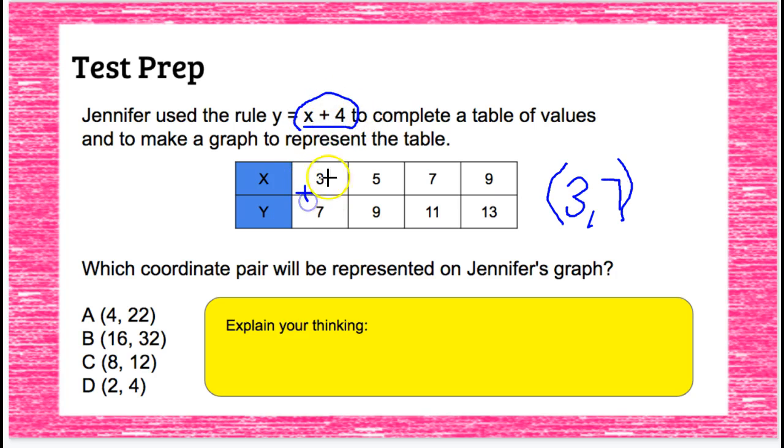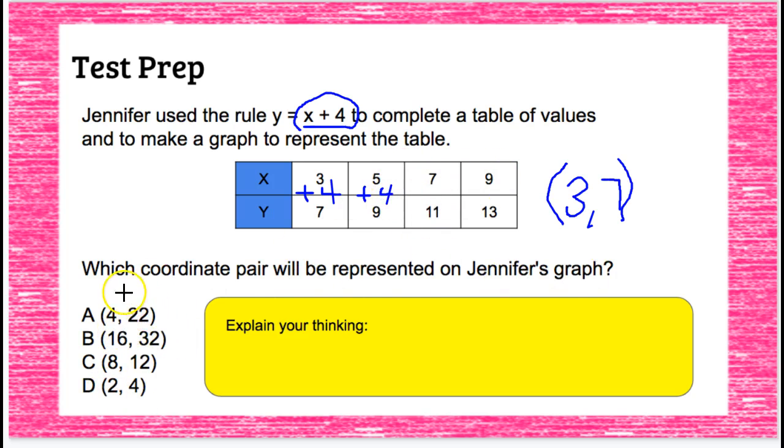So here's my x, 3. And I'm going to add 4 to it. So 3 plus 4 is 7. So my rule is plus 4 all the way down. So which pair would be represented?